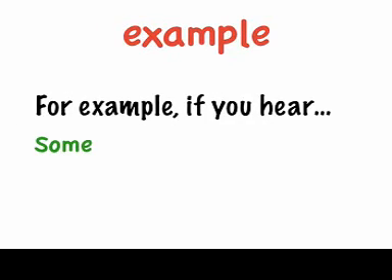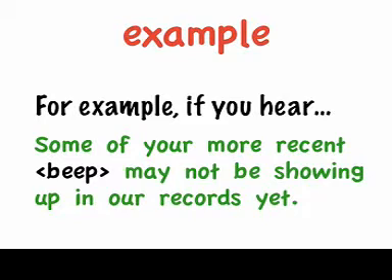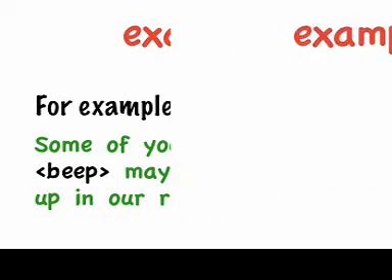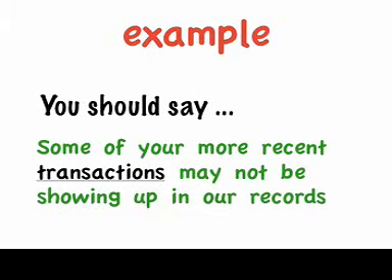For example, if you hear, Some of your more recent may not be showing up in our records yet, you should say, Some of your more recent transactions may not be showing up in our records yet. We'll play an example answer after each exercise. Are you ready? Let's begin.